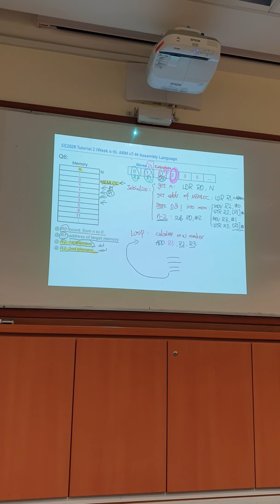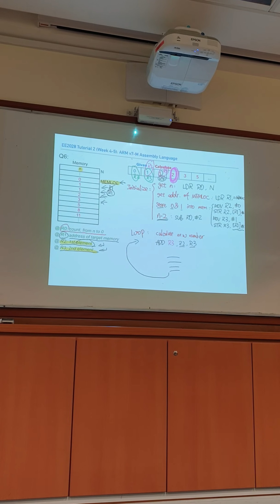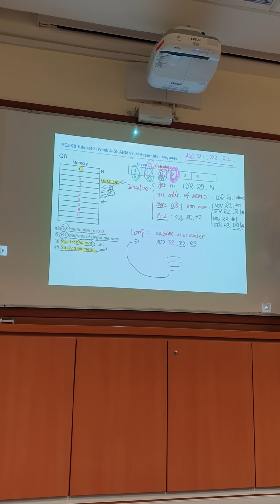Just like the tutorial 2, question 2, we have ADD R2, R2, R2. You ask whether all these three can be the same register. They can, because when you are doing the calculation, you take out the data already. After your calculation, you are free to refresh this register.